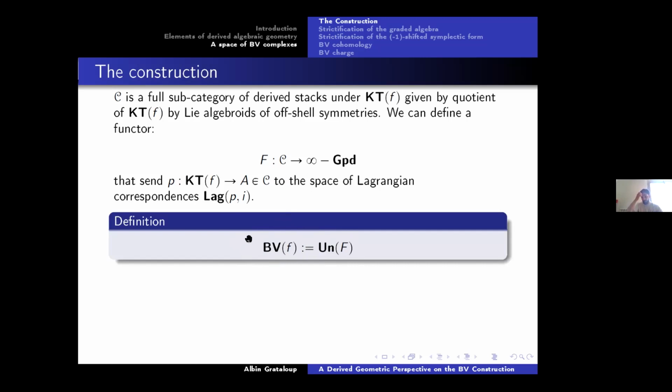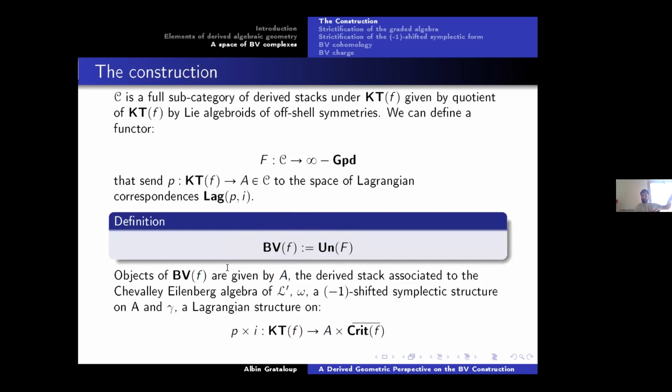And to tell you that it's actually what I want, if I use what I explained just before on the Grothendieck construction, objects in there are going to be given by first something in the base, so some A, which is a quotient Chevalley-Eilenberg algebra of some algebroid L prime on KTF.